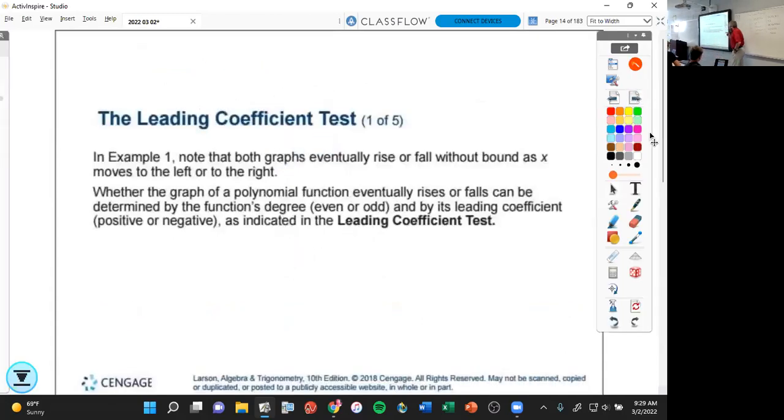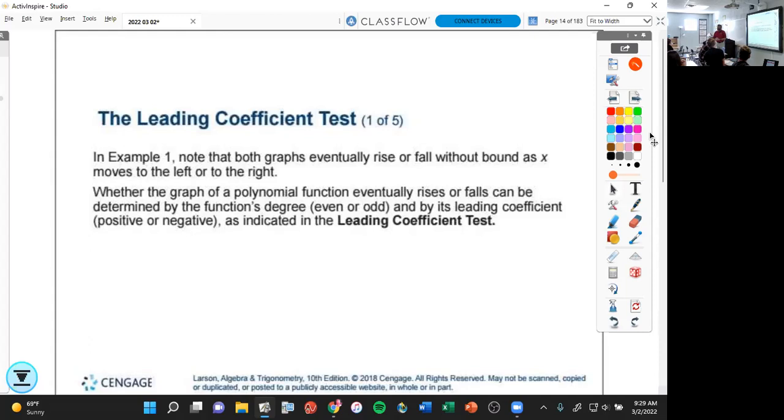Okay, leading coefficient test. What is the leading coefficient? The A. What makes the leading coefficient the leading coefficient? How do you know which coefficient is the leading coefficient?